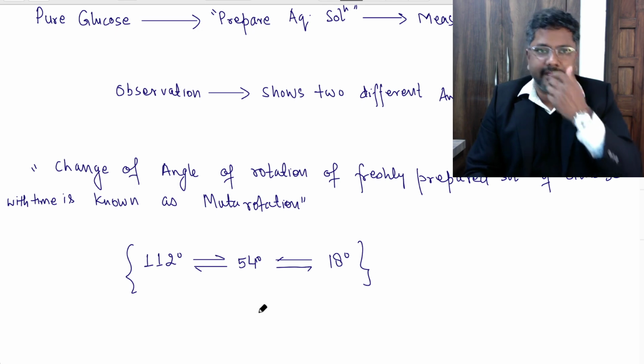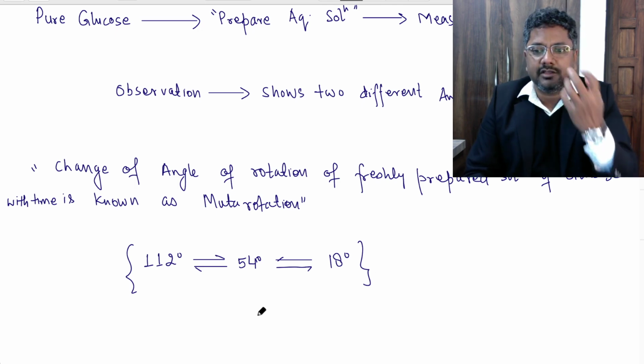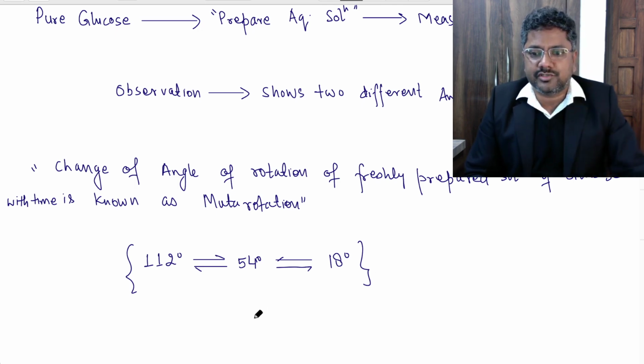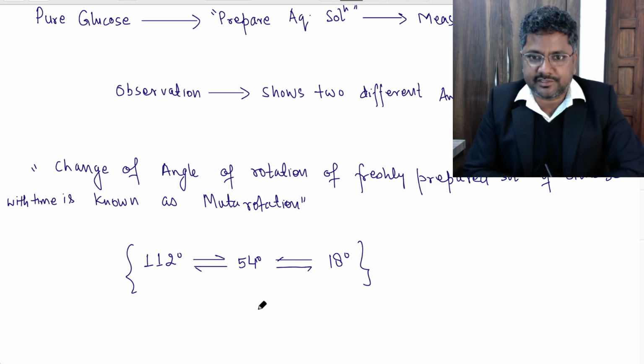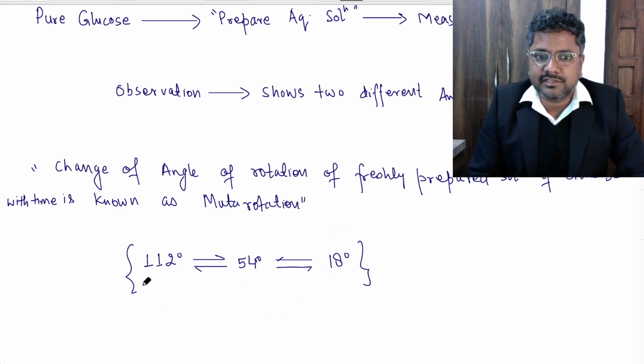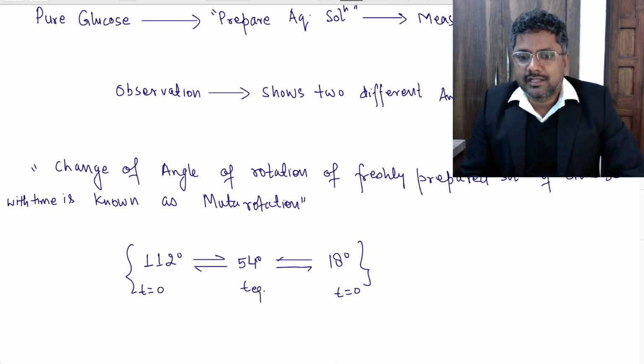If we take pure glucose, definitely it is a mixture of two isomers. Otherwise we don't get these two different angles of rotation. So this is T equal to 0, two different values, and this is T equilibrium, right?